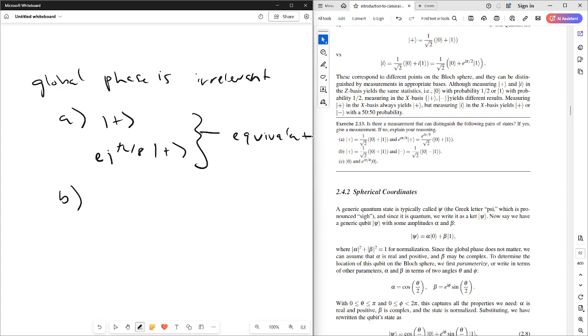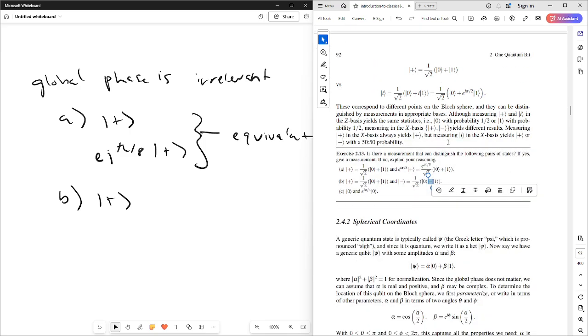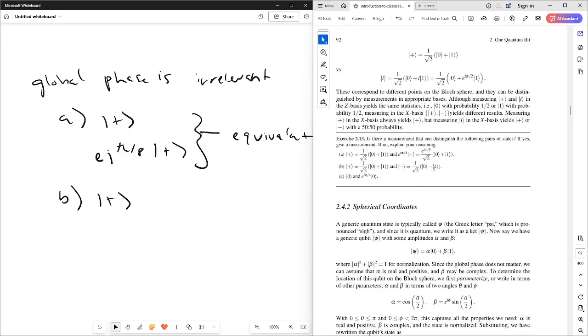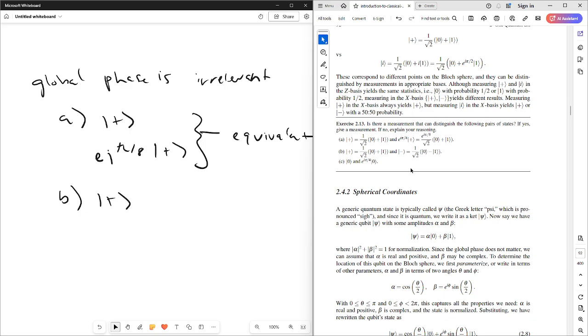In B, these are literally two different states, right? We have 0 plus 1, 0 minus 1. So they differ by a relative phase.